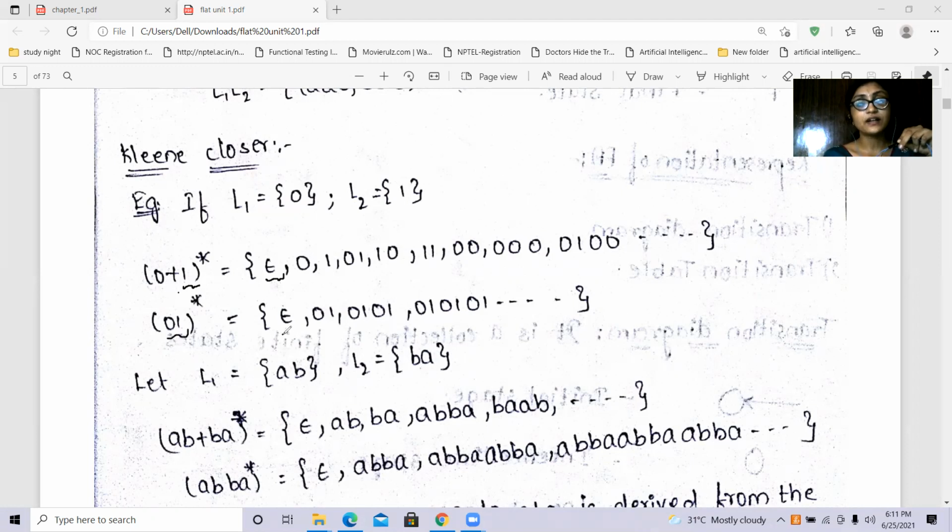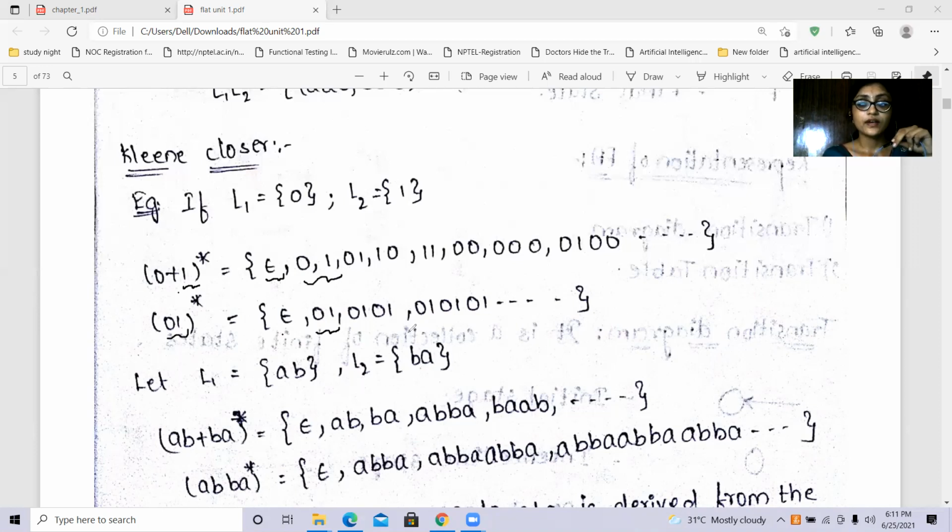Epsilon means a string with a length 0. Since we have to take both the 0 and 1 as a single string, we must write them as 01. We should not write 0 or 1 in an individual way as we have written in the 0 or 1.